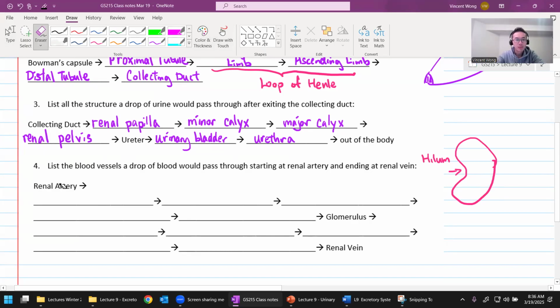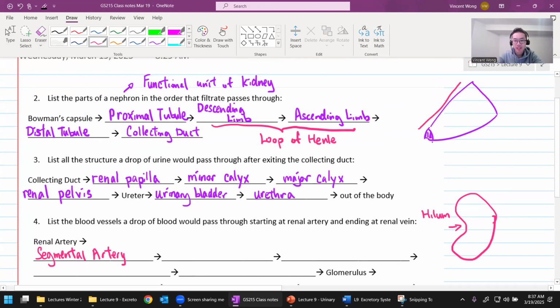But as soon as the renal artery enters the kidney, it will branch off into multiple segmental arteries. The segmental artery travels towards the papilla, and then it's going to go up the sides of the papilla.